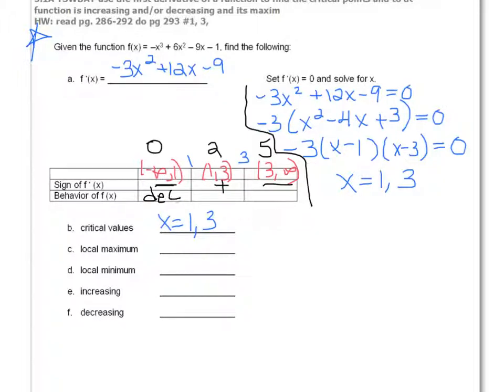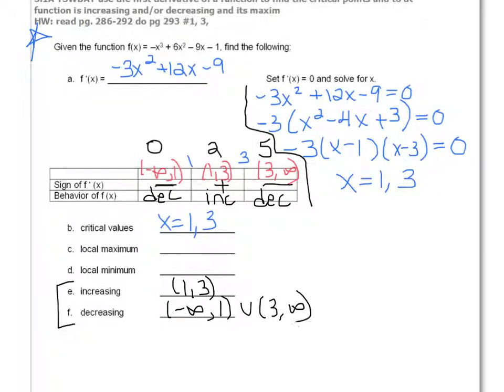So here we have decreasing, increasing, decreasing. Because I wrote my intervals in red, I now have my answers to E and F. We're increasing from 1 to 3, and we're decreasing from negative infinity to 1, and 3 to infinity. But now I need to know my maxes or mins.